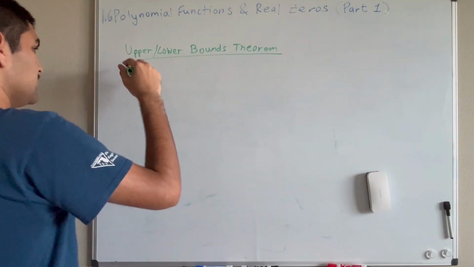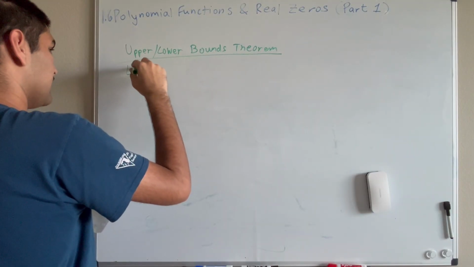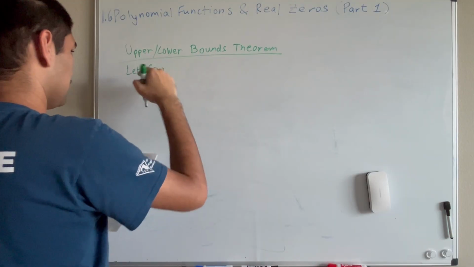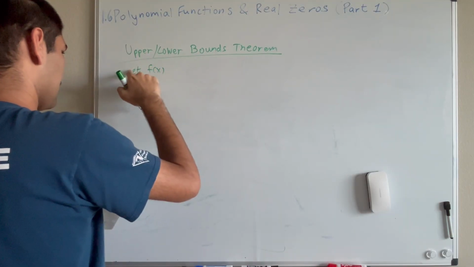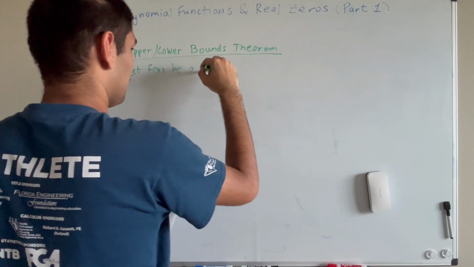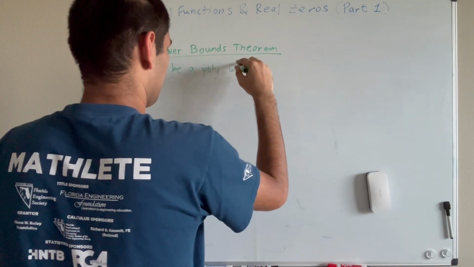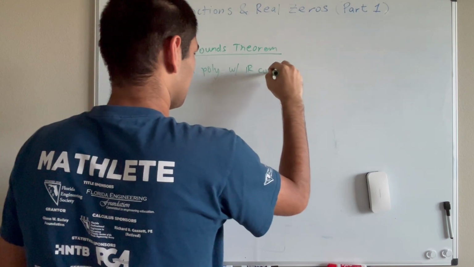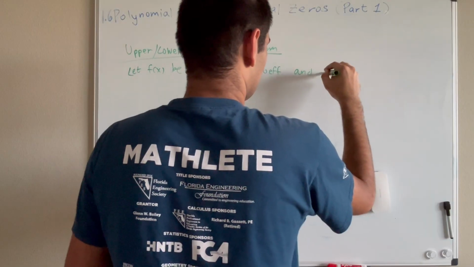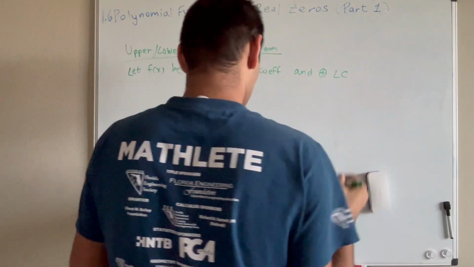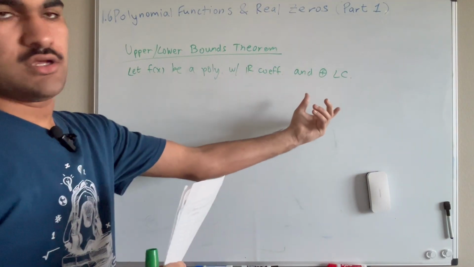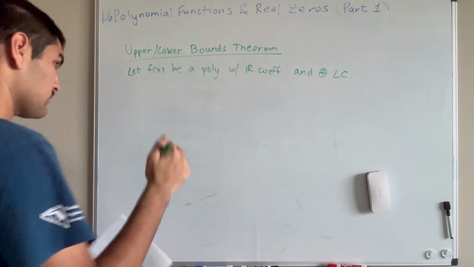So what this says is let f of x be a polynomial with real coefficients and a positive leading coefficient. Okay, so f of x is a polynomial with real coefficients and a positive leading coefficient.